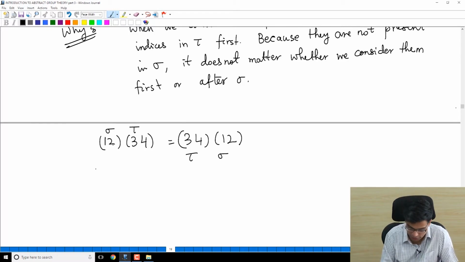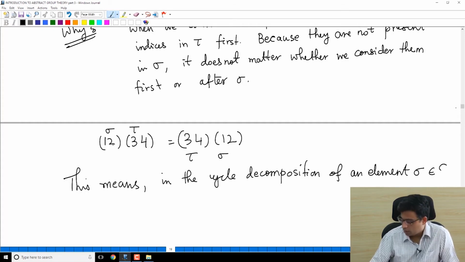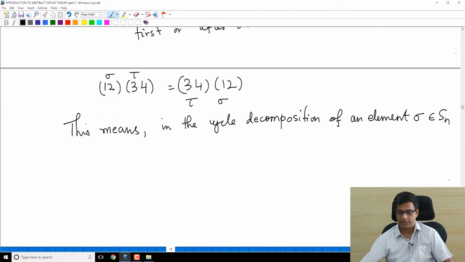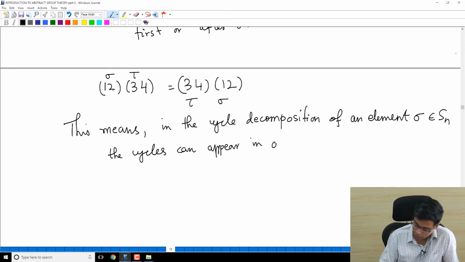So the cycle decomposition, this means in the cycle decomposition of a sigma, I have already told you that every element has a cycle decomposition. Now I am telling you that in the cycle decomposition of an element sigma, the cycles can appear in any order, right?